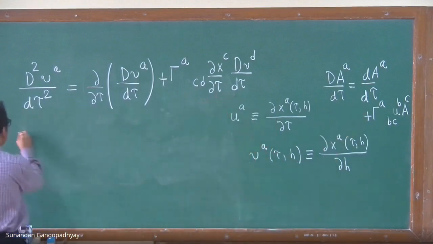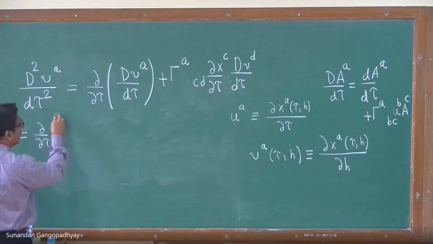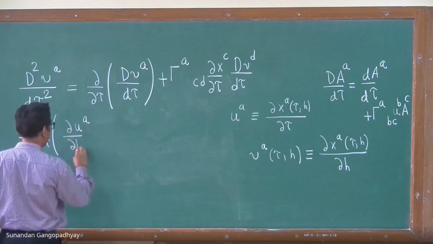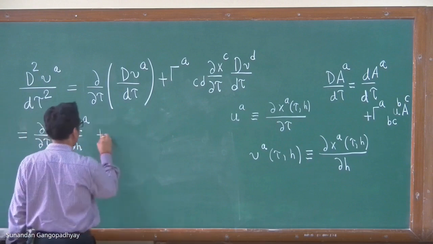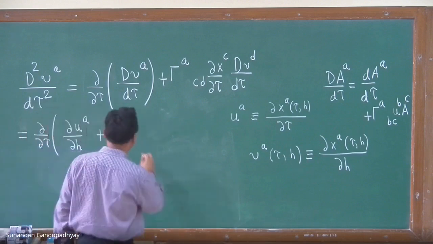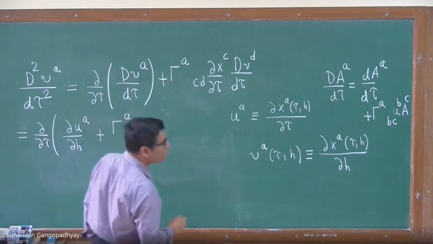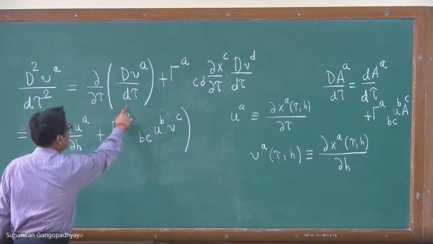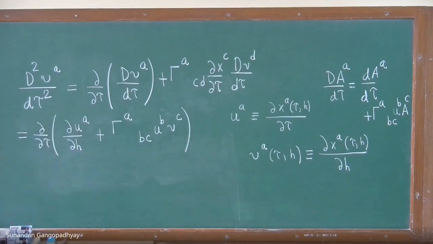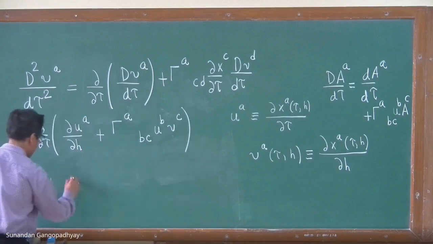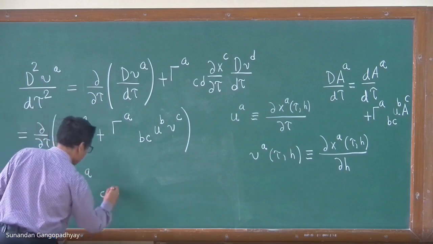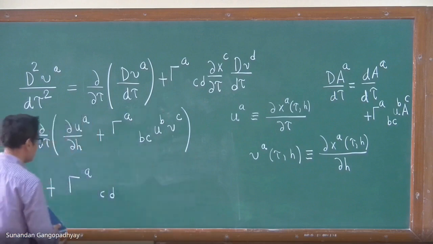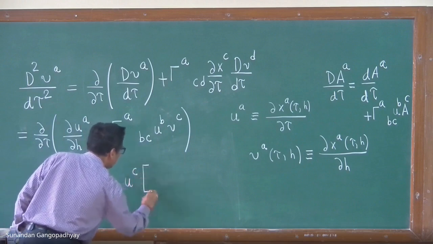So if we do that, this will give us del tau of del V^A del h plus gamma^A_BC, so this is this part, the second line that we have substituted here, plus gamma^A_CD del x^C del tau, and replace it by U^C. Please tell me if I make any mistake here.